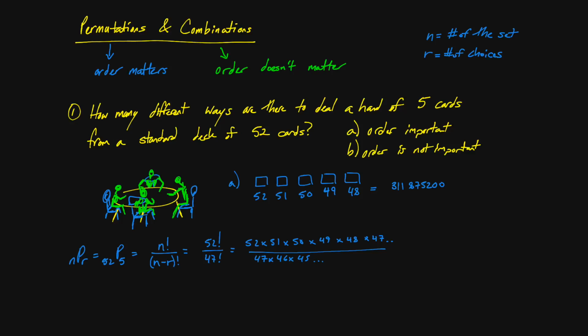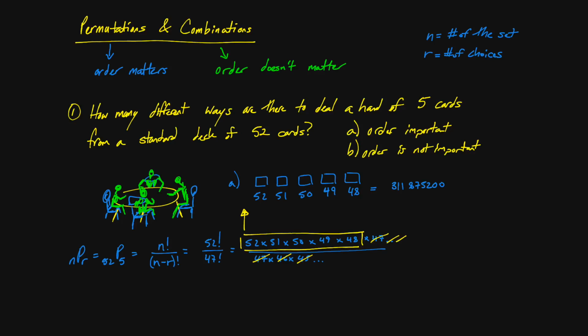Note that as soon as we start going through this, we have 52, we have 51, but all the way at 47, that's where we have this repeating. And that's where we start canceling them out, and every other subsequent term later on. And we're left with this here, and that's going to give you A.